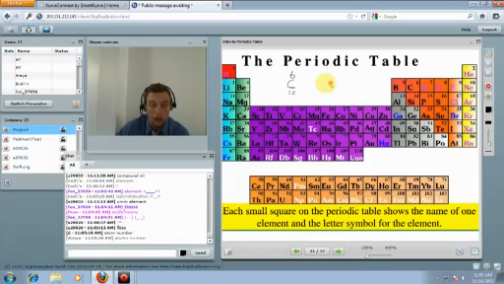Yeah, okay. So yeah, this is the atomic number. This says it shows the name, but it actually doesn't show the name. It just shows the symbol and the atomic number. So this is carbon, and it has an atomic number of 6.